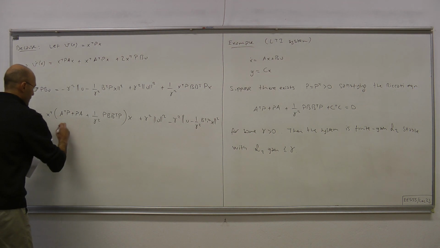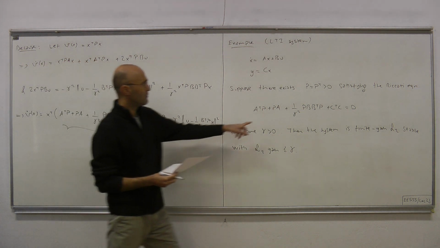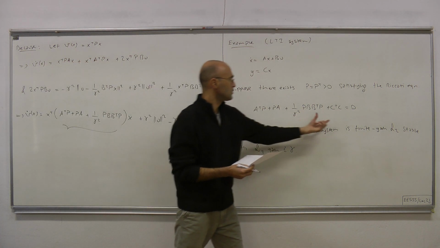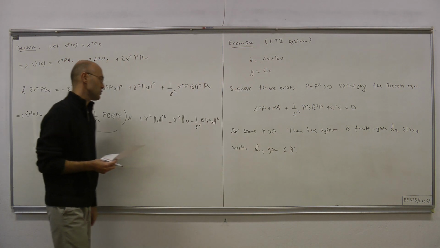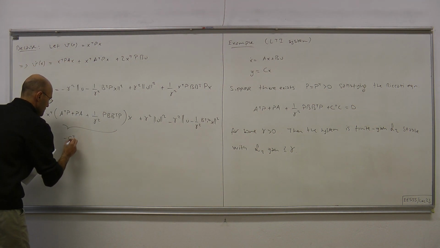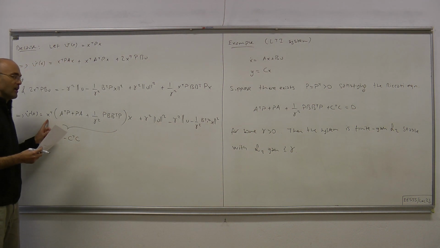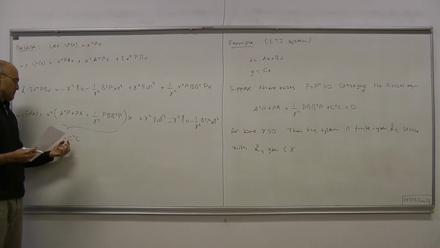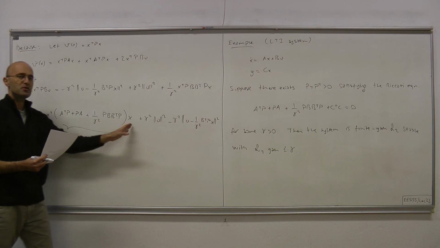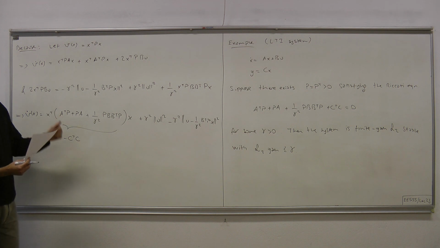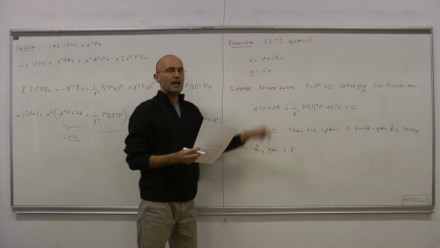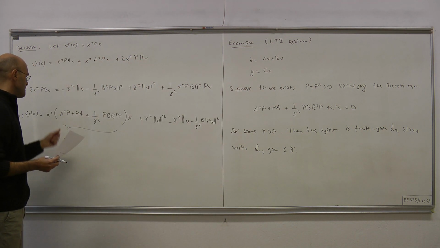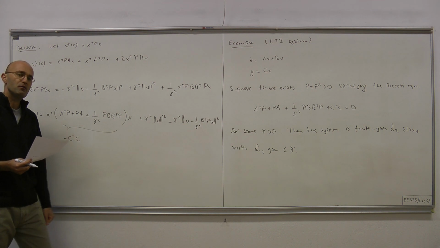Now, by the Riccati equation, we know that this thing here equals minus C transpose C. So what we have, therefore, is minus Cx transpose times Cx, and Cx is no other than the output. Therefore, this term is minus the norm square of the output.